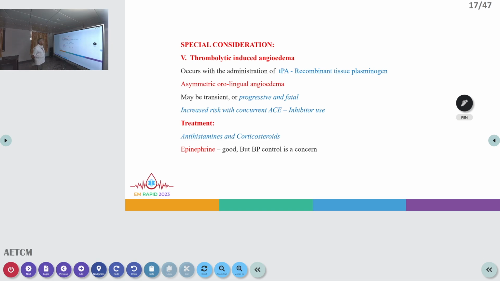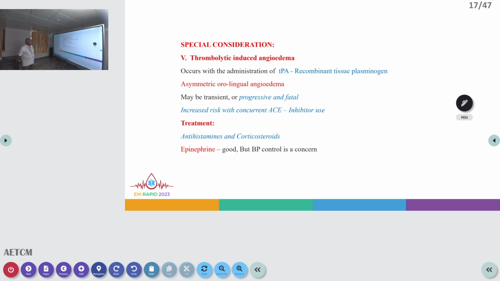Okay. So there is another variety of angioedema, thrombolytic induced angioedema. When we are giving thrombolytic agents like recombinant tissue plasminogen activator, this angioedema may manifest. This may also cause airway compromise. So whenever we are administering it, we have to keep this risk in mind.